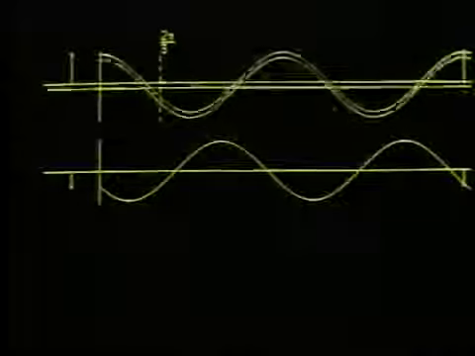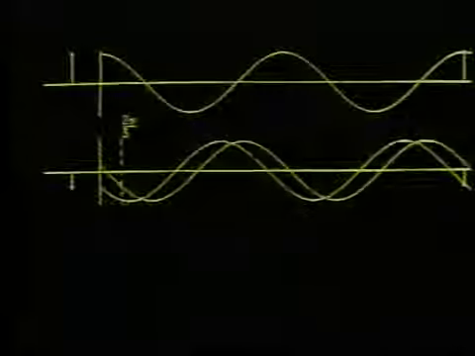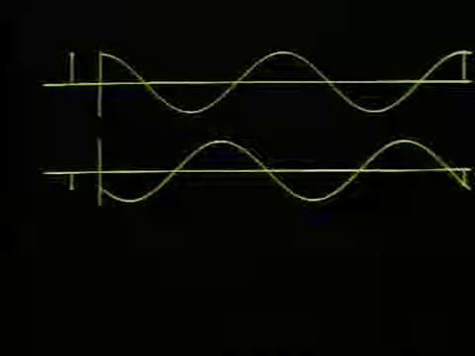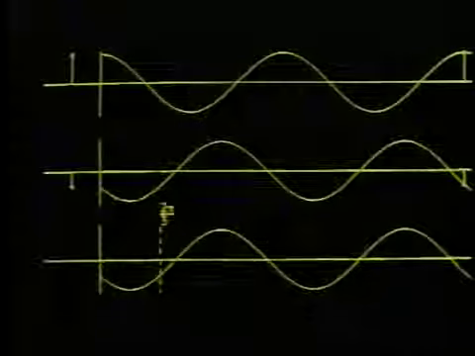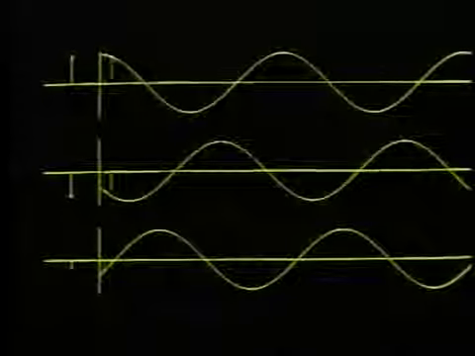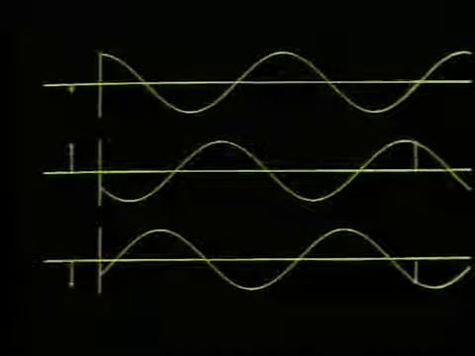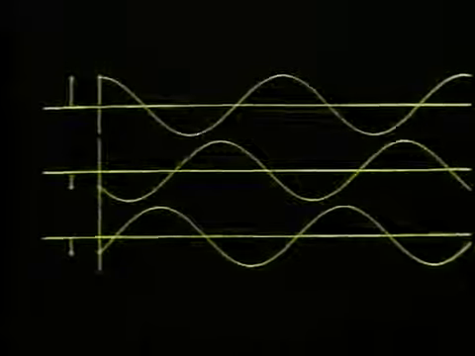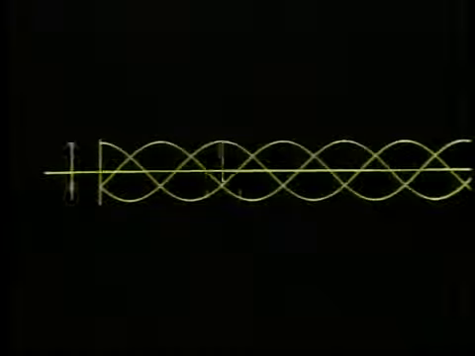Remember how these two curves are related. Our third current is a further 2 pi over 3 out of phase. And now we can look at the currents in all three wires at the same time. And amazingly, the sum of these currents is 0.